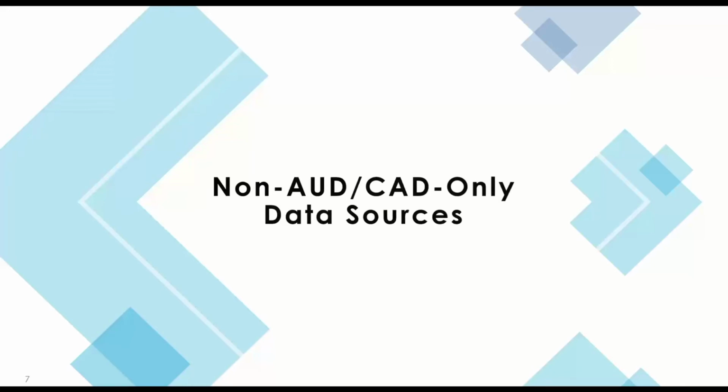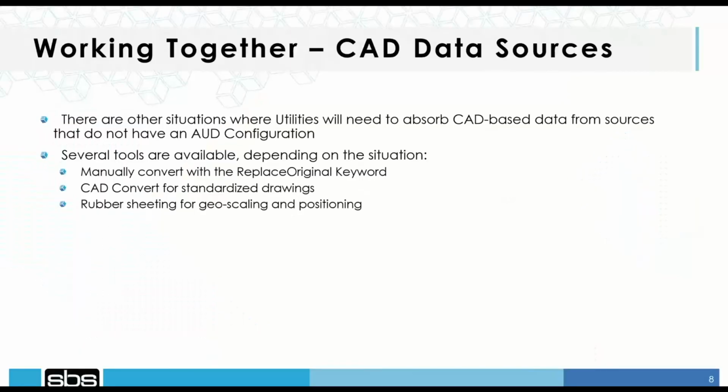Then comes into play some of the non-AUD sources, where you don't necessarily have a consistent relationship in place with an external entity, or you're receiving data from sources that don't necessarily do intelligent design. And for that, we also have several tools, and they're situationally dependent. We can manually convert any kind of CAD point or line with the replace original keyword.